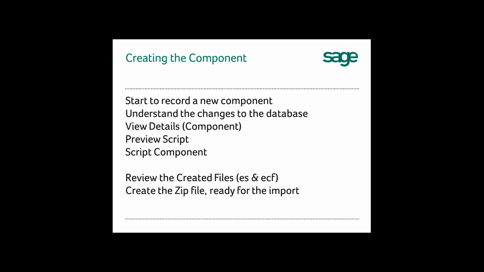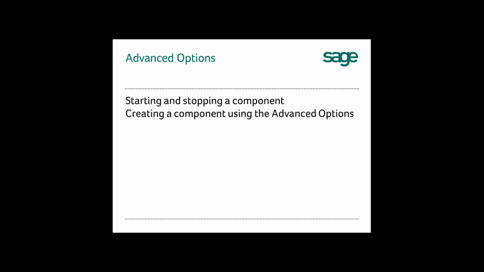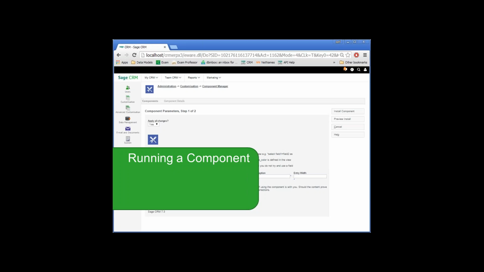And so we've got to the point where we have created our ES and ECF file, and you might think that we're ready to go ahead and do the import, only we're not. One of the things that we have to start to do is to understand what needs to happen when a component is run.